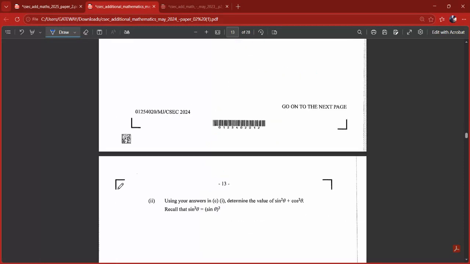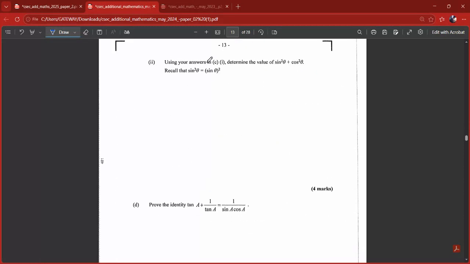That's part 1. Now they say using your answer in C1, determine the value of sine squared theta plus cosine squared theta. And recall that sine squared theta is equal to sine theta in brackets squared. That will be the same thing for cosine squared theta.